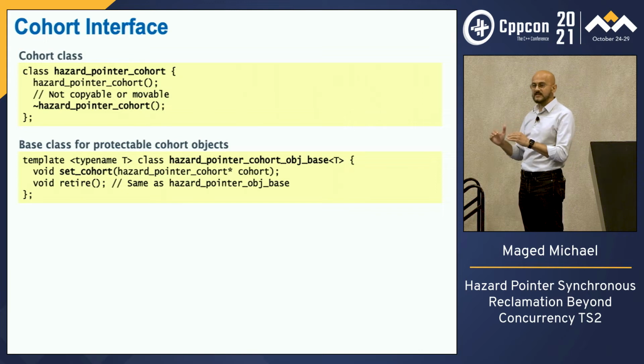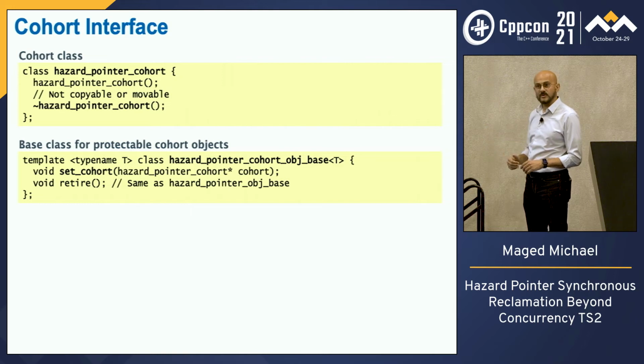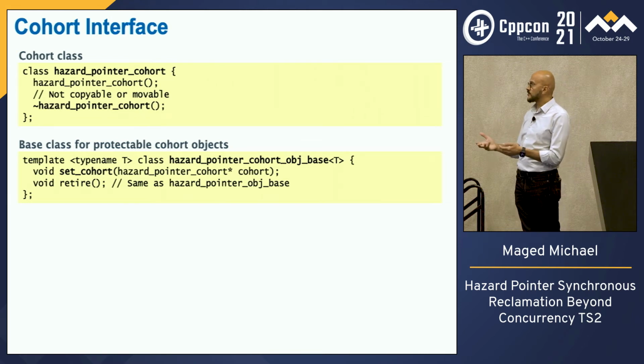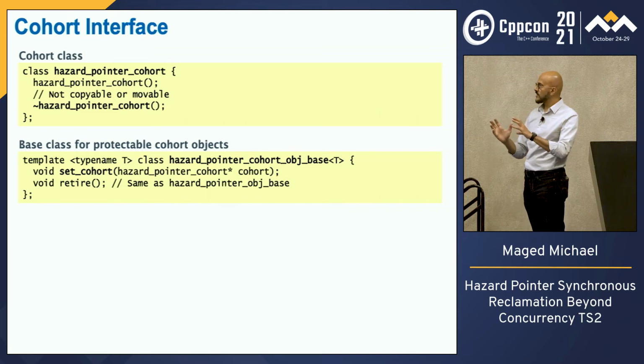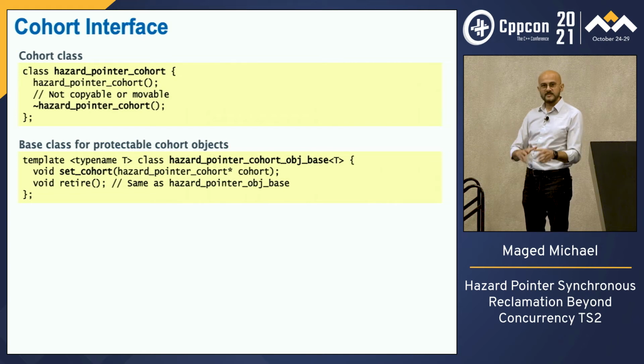It provides that guarantee that it will guarantee the reclamation of any object that ever belonged to that cohort. The base class for the objects just needs to be aware of cohort. It could be the same base class as in TS2 or a different base class. It just needs to support something to set the cohort, like saying, okay, when this object is retired, it's going to belong to that specific cohort.